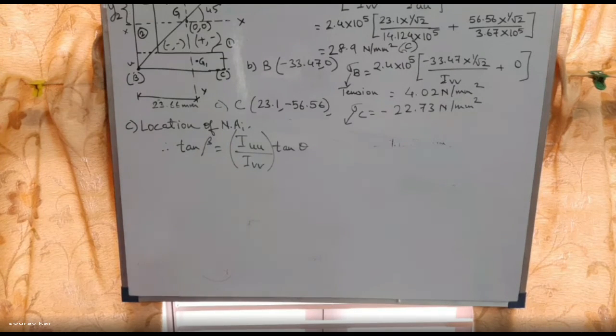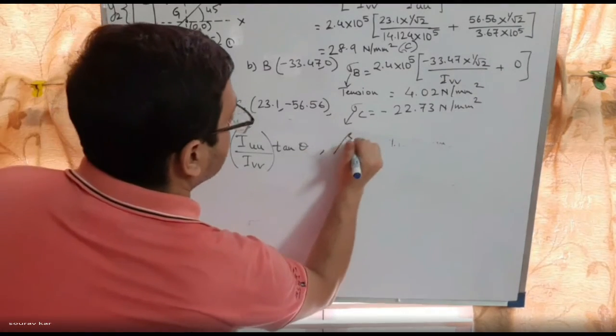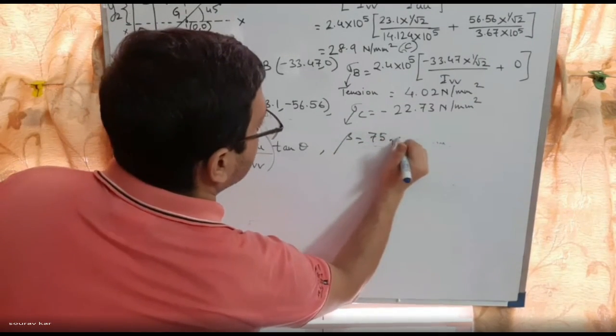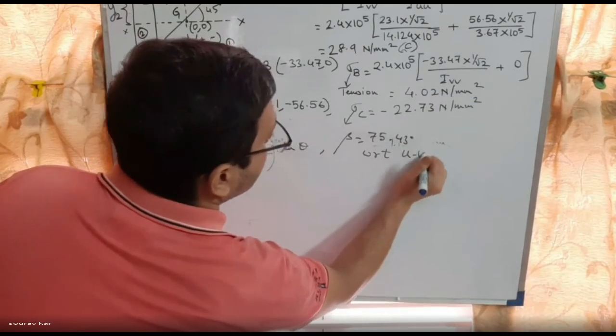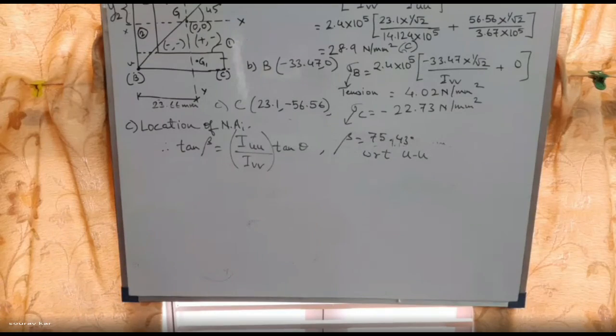From here you will see the beta angle is 75.43 degrees with respect to UU axis.